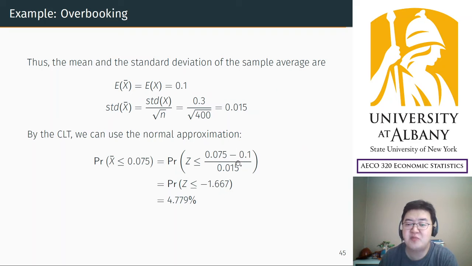So on average, 10% is canceled, but you have to have less than 7.5%, so it's a negative number. As a result, when you put this number into the standard normal distribution CDF in Excel, for example, you get 4.779%. This is the result from the normal distribution approach.